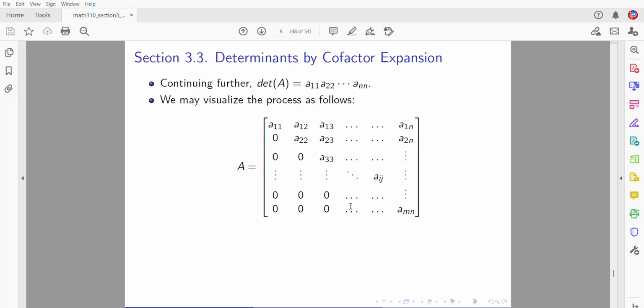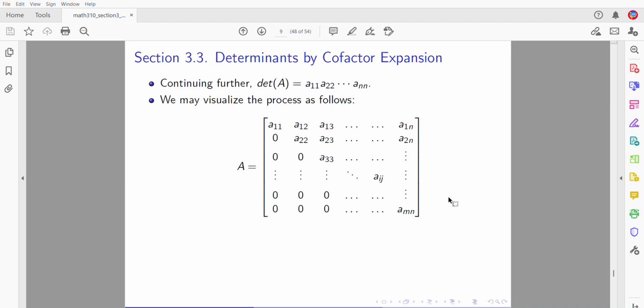What you get again is an upper triangular matrix. How do you calculate its determinant? Use this first column here times A22, drop this, drop this. Next, A33, drop this, drop this. Keep going until ANN, it should be NN.